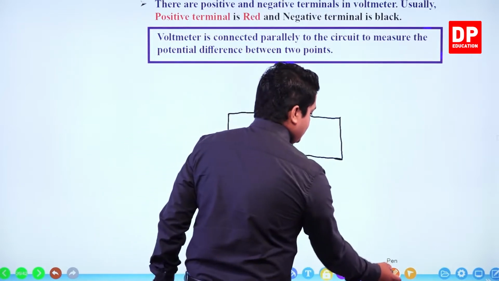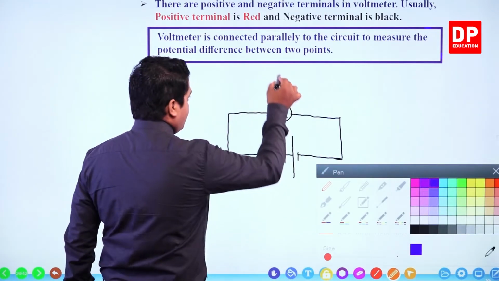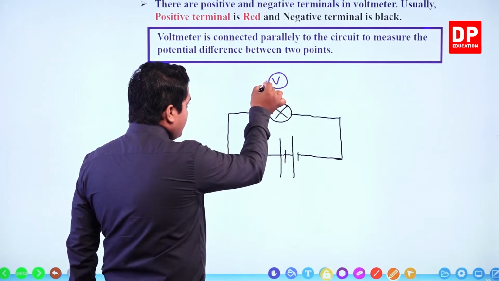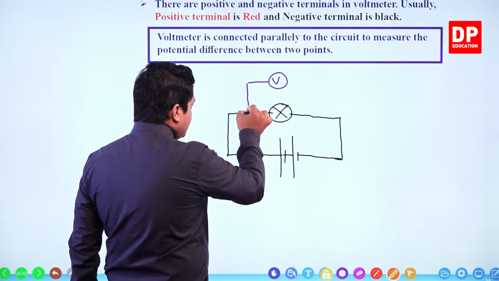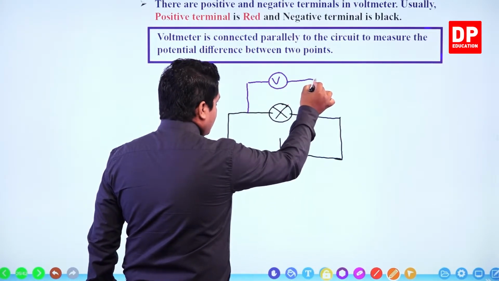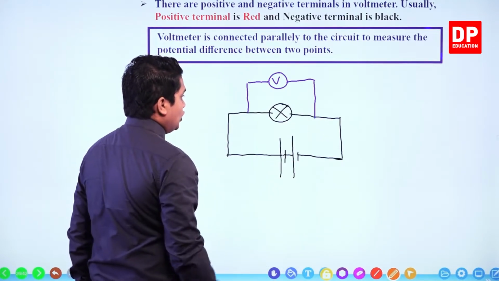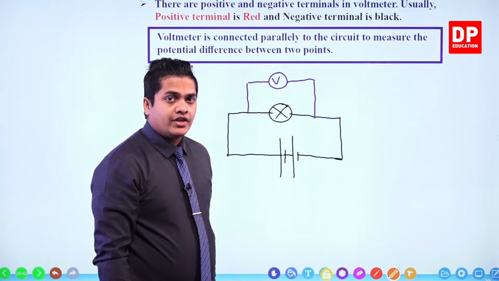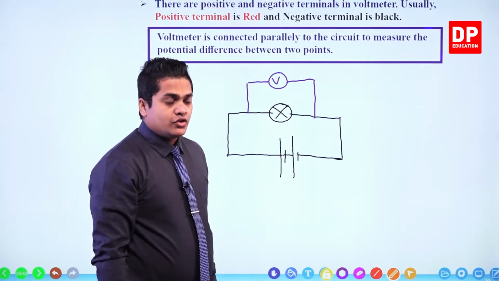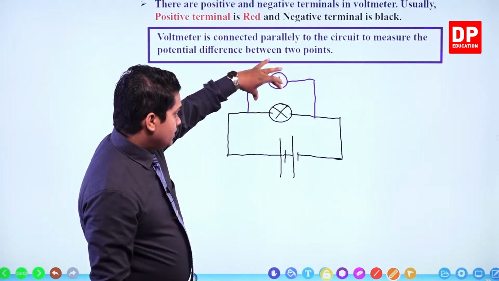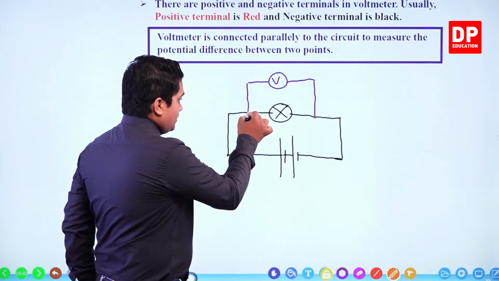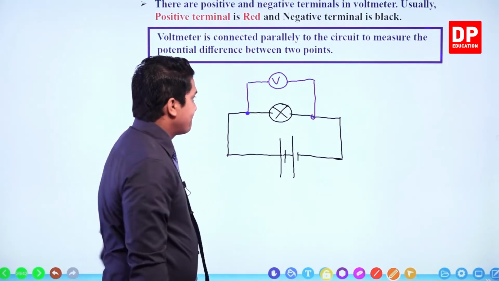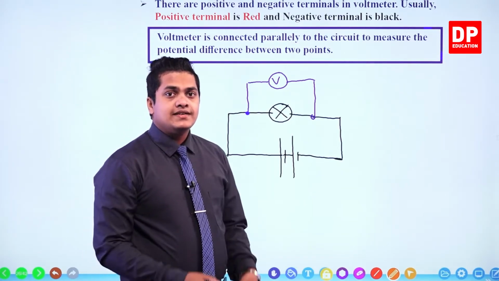It's really easy to connect. You take the voltmeter and directly plug in the 2 terminals onto the electric source whose potential difference you need to measure. So you directly plug in the 2 terminals onto the bulb like this. So this is the parallel connection.